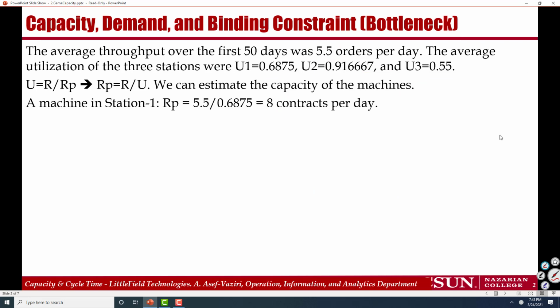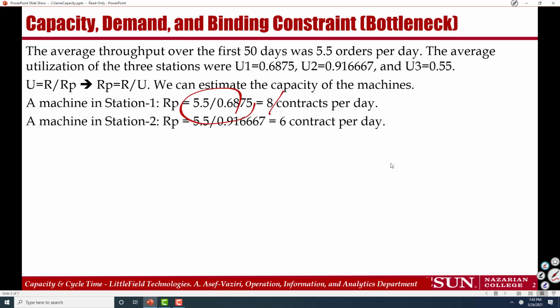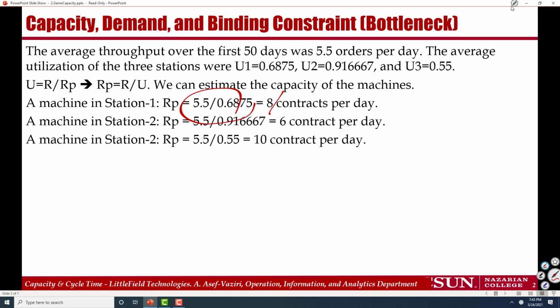For the first station, if you divide throughput by utilization, we get 8 contracts per day, and then using the same computations for stations 2 and 3, we get capacity of 8 for station 1, 6 for station 2, and 10 for station 3.